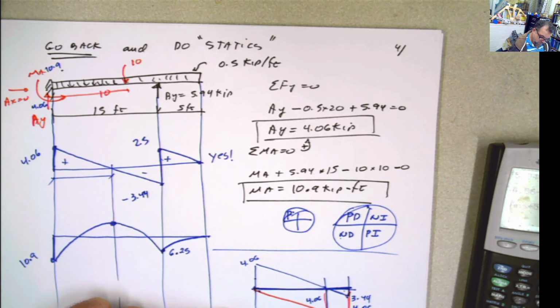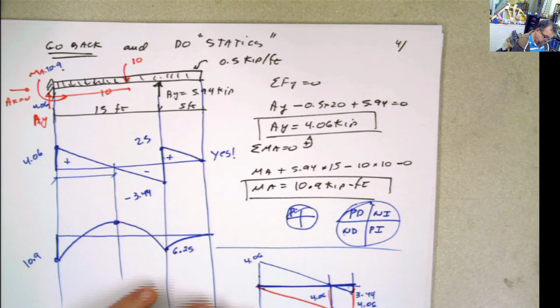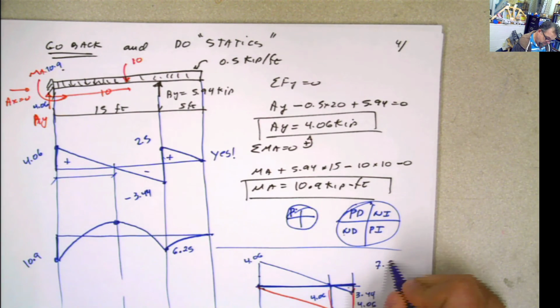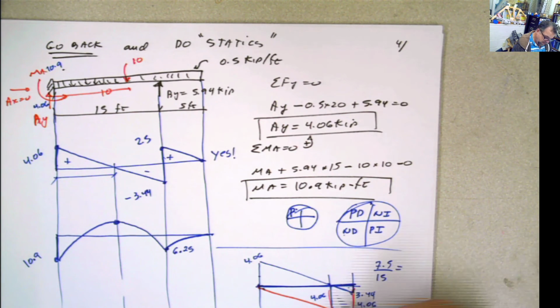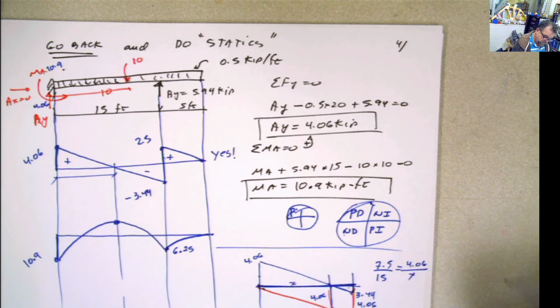3.44 plus 4.06, that should be, by the way, 7.5. So 7.5 is to 15, like 4.06 is to this distance x that I'm looking for.